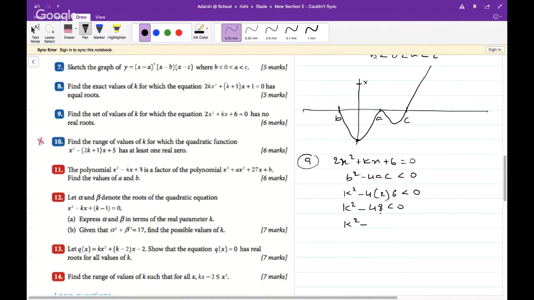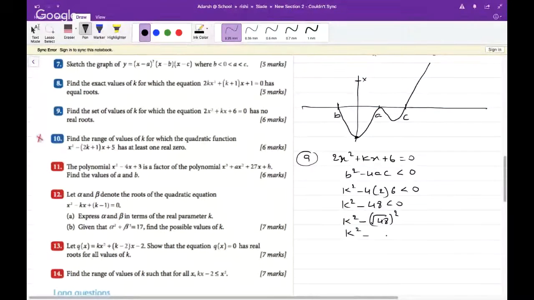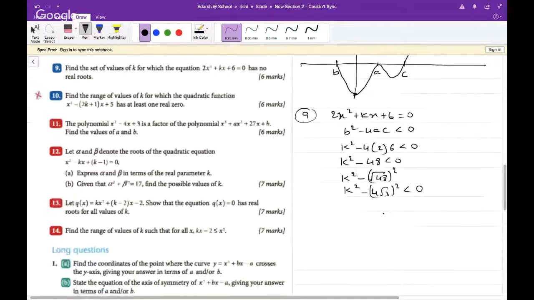Now 48 can be written as square root of 48 whole square, or 4 root 3 whole square. This has to be less than 0.